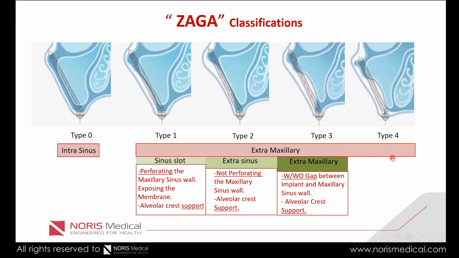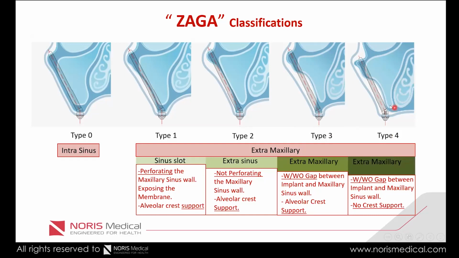And we have type 4, where we have no support from the alveolar ridge at all. The implant is only anchored in the zygomatic bone, and we do or do not have this kind of curve. It could also be the same situation where the implant is leaning on the maxillary sinus wall, but there is no support at all, and the implant is only anchored in the zygomatic bone.